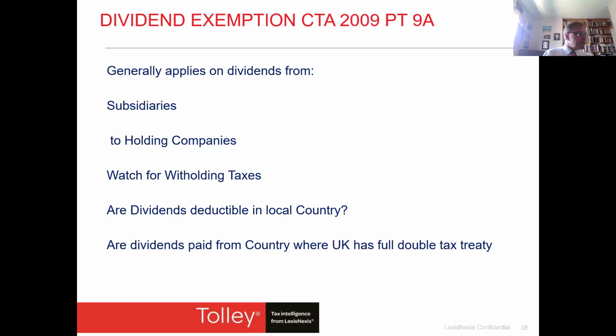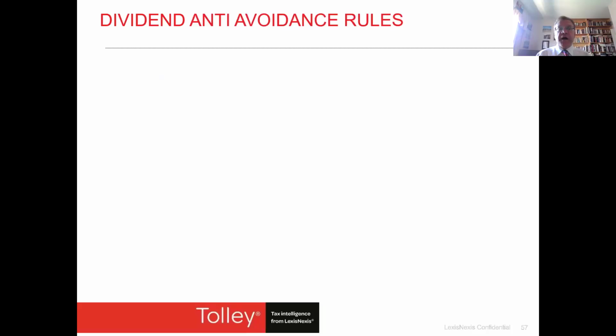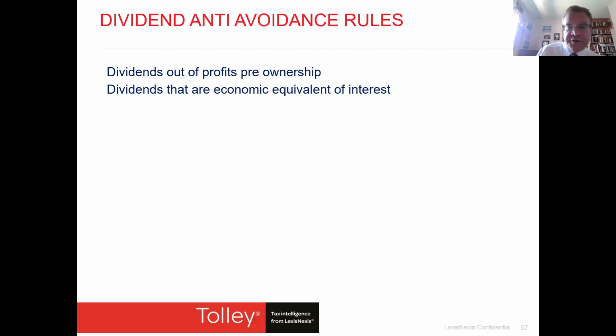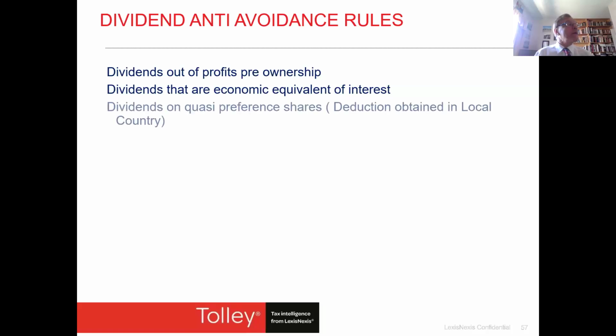Hopefully, yes. In terms of dividend anti-avoidance rules, dividends out of profits pre-ownership, so where you've got a sort of dividend strip pre becoming ownership, dividends that are the economic equivalent of interest, again, may be recognized as income.